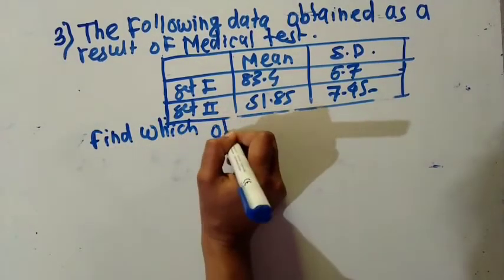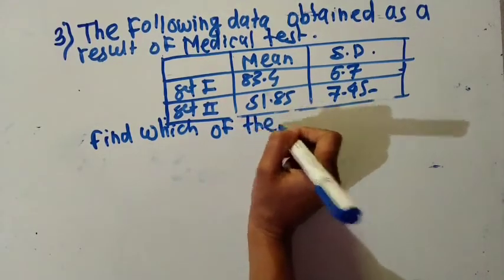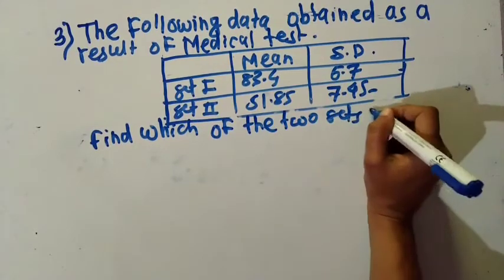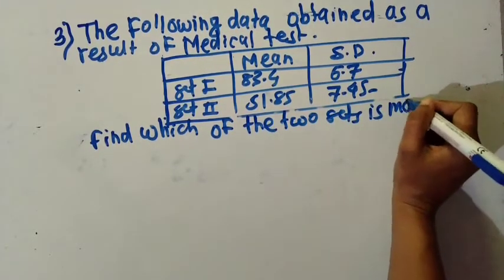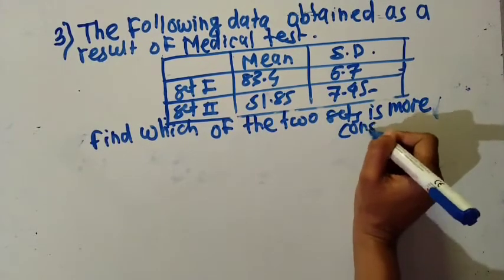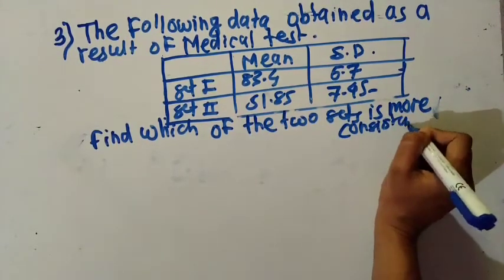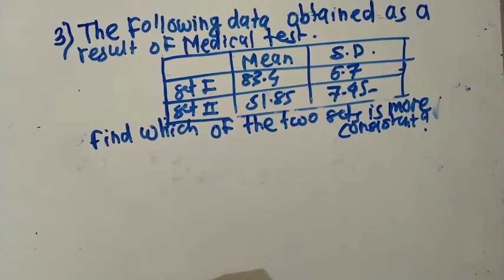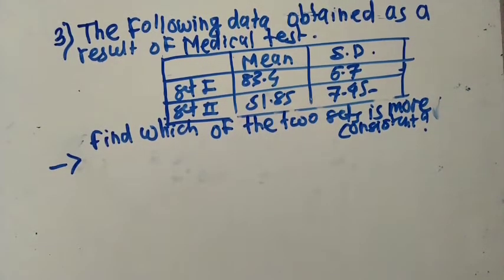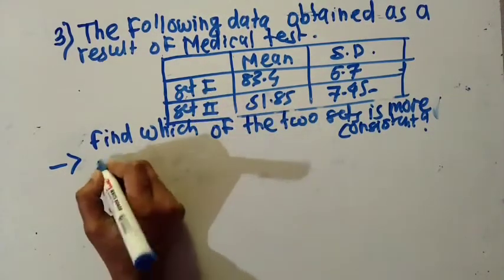which of the two sets is more consistent. So first find out the coefficient of variance for set 1.